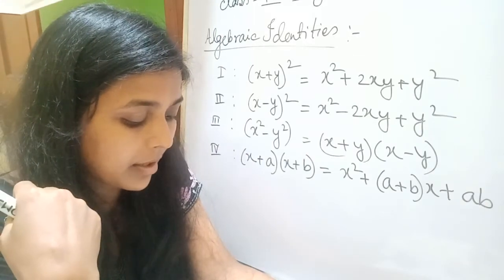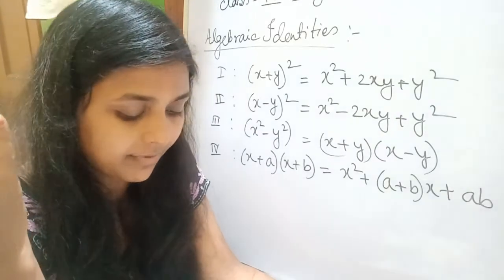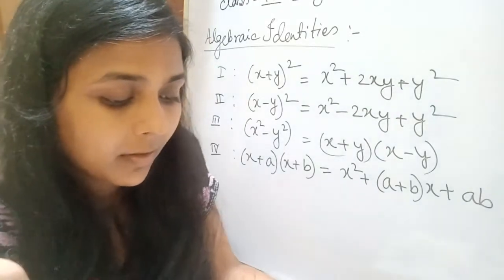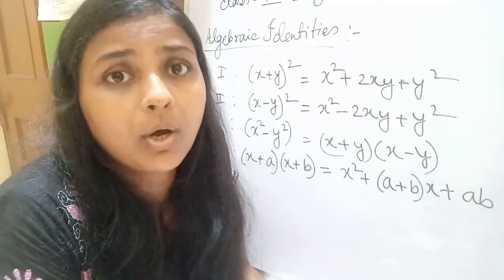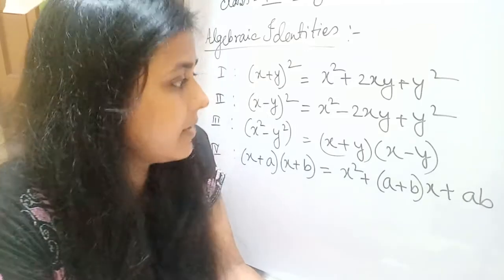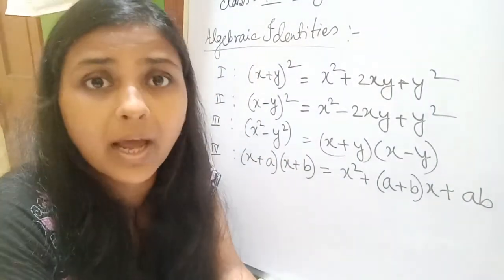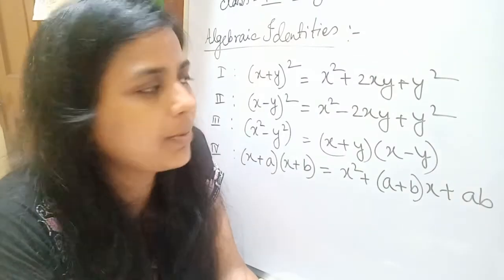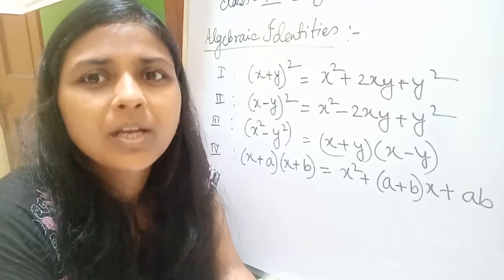Then question number 3 also can be done in a very simple way. So question number 1, 2 and 3 of exercise 2.5 are direct applications of these four identities. So I hope you all can do it, because this is very simple.